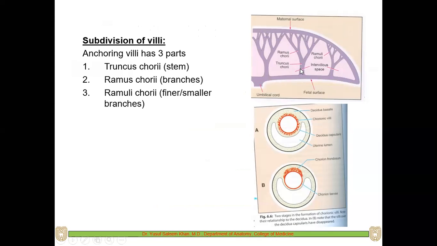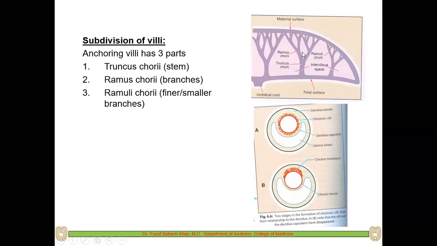This is called truncus cori, and the branches are called the ramus cori, the main branches. And the smaller finer branches will be called the ramuli cori. These are smaller branches. So the main stem is called the truncus cori, then its main branches are called the ramus cori, and the smaller branches are all called the ramuli cori.